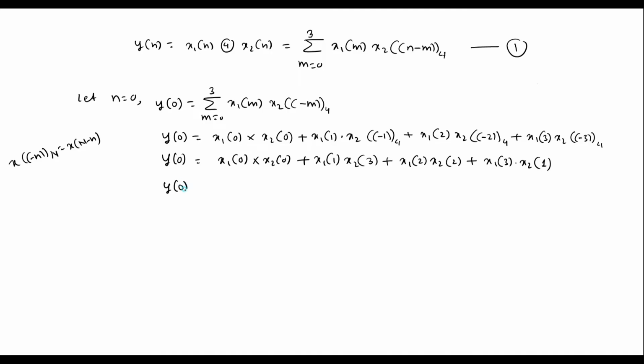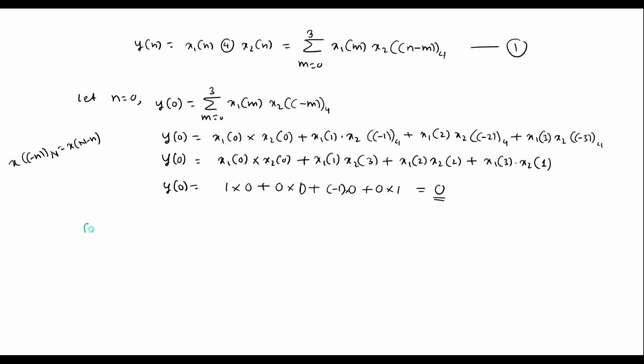Therefore, y of 0 is equal to, substituting the values of x1 and x2, x1 of 0 is 1 into x2 of 0 is 0 plus x1 of 1 is 0 into x2 of 3 is 1, plus x1 of 2 is minus 1, x2 of 2 is 0 plus x1 of 3 is 0 into x2 of 1 is 1. Therefore, y of 0 is 0.